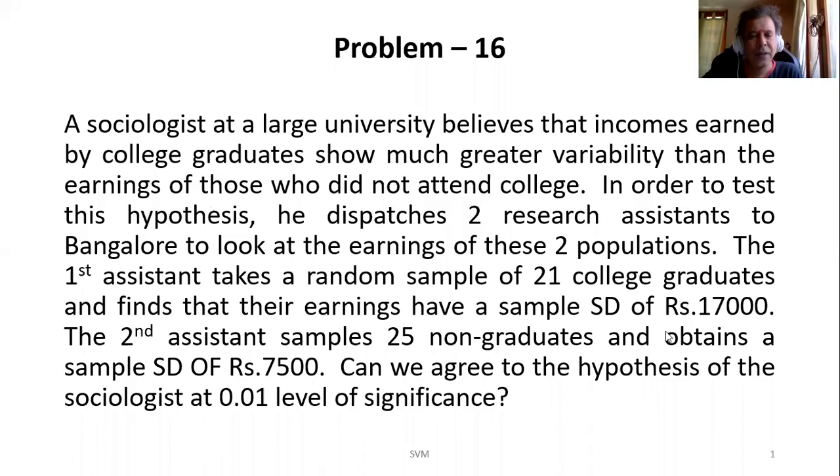Hello everyone. In continuation with our hypothesis testing problems, the next problem is: a sociologist at a large university believes that incomes earned by college graduates show much greater variability than those who did not attend college.